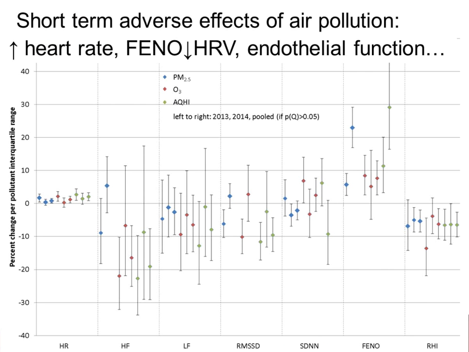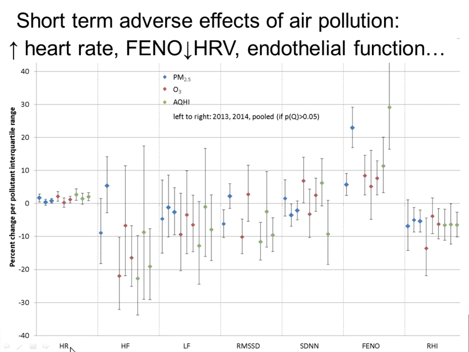So these are our main findings, and I recognize this is kind of a busy slide, but I'll walk you through it. What it's showing on the vertical axis is the percent change per interquartile range of each pollutant. The health outcomes shown here are those where we observed the most consistent association.